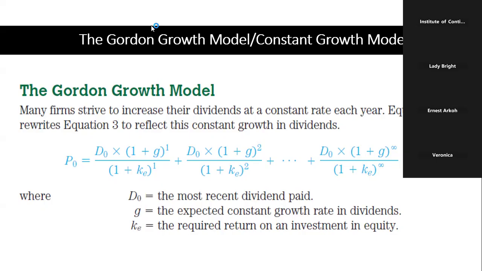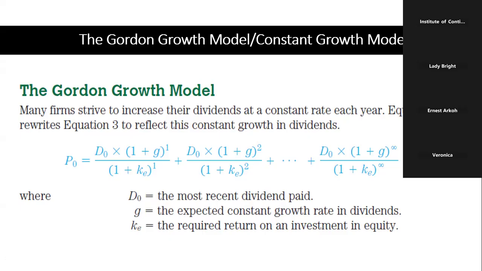Okay, that one also gives us the formula: present value is equal to D0, dividend at 0, plus its growth rate, 1 plus g raised to the power 1 over 1 plus K. And it continues as such till we get to infinity.